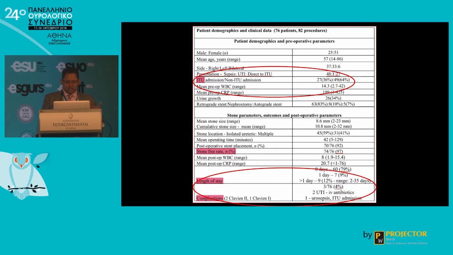But the complication rate, we had 3 complications, 2 urinary infections and 1 sepsis. And this just goes to show that if you've got a good antibiotic protocol based on the local policy and the local resistance, no matter what the guidelines say, you need to know what is prevalent in your area. And based on that, the outcomes of these people who had sepsis to begin with are very good.